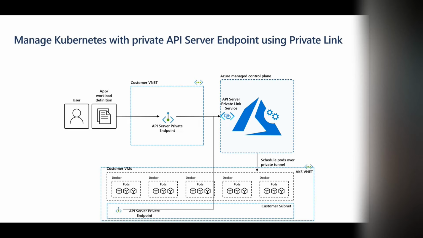When you create a private cluster, that private endpoint is dropped into your AKS VNet, and you can use it to access the API server. Or you can create a private endpoint in another subscription, in another VNet, and that's how you can access it. So it's a private link service, and you create private endpoints to access the API server.